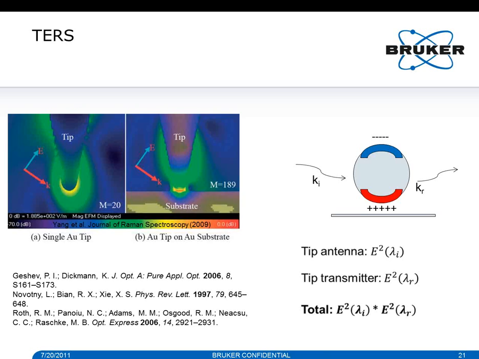It also has another effect: it decays very quickly with depth. So when we compare conventional Raman with TERS, one of the immediate effects is that in TERS you are sensitive to the surface. You have almost no depth information coming from the sample, so you're really probing a very small layer of material under the tip.